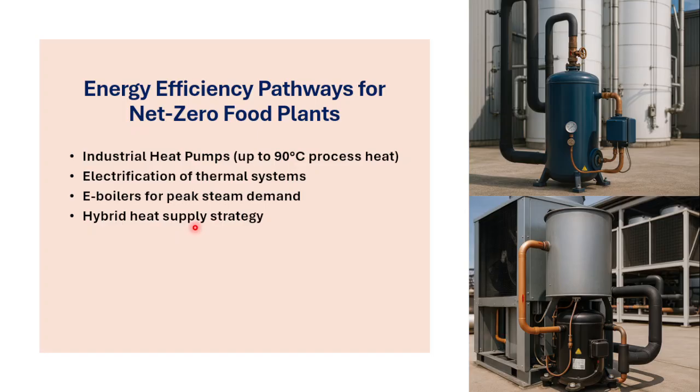A hybrid system also works very well. For example, heat pumps supply the base load and the electric boilers cover the peak demand. This improves flexibility and efficiency, and reduces carbon emissions. The main idea is to choose the right technology for each temperature level and energy demand.